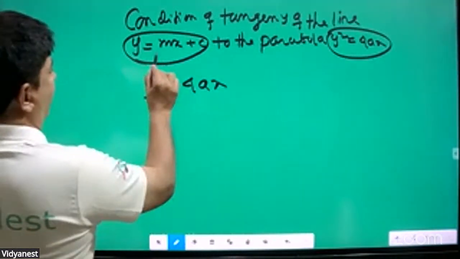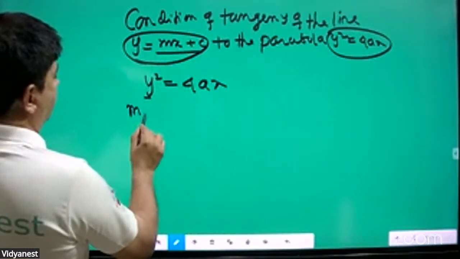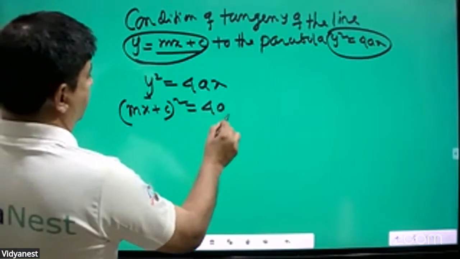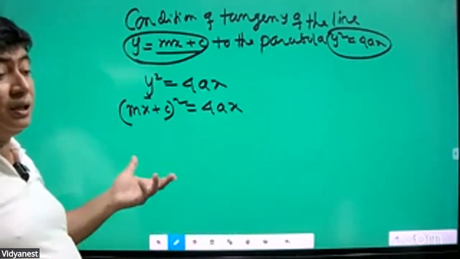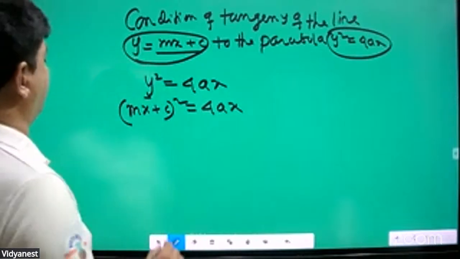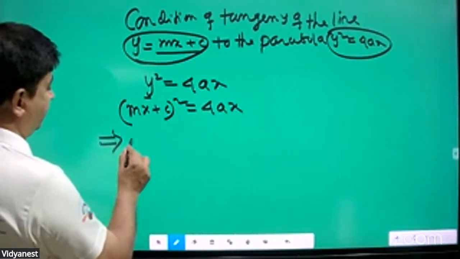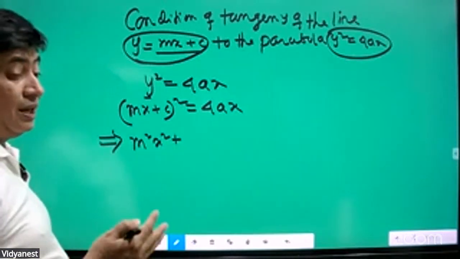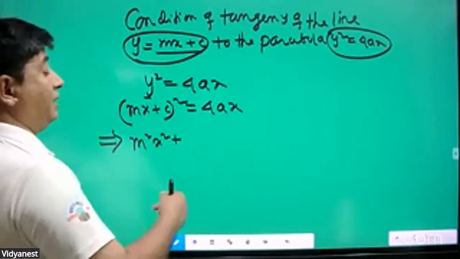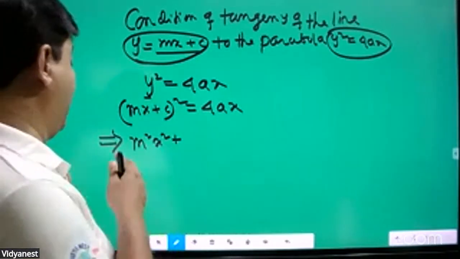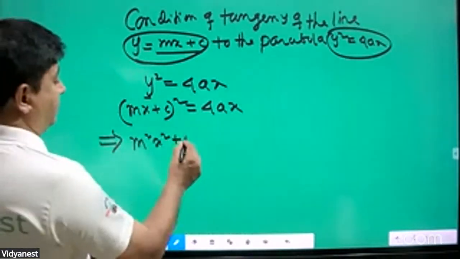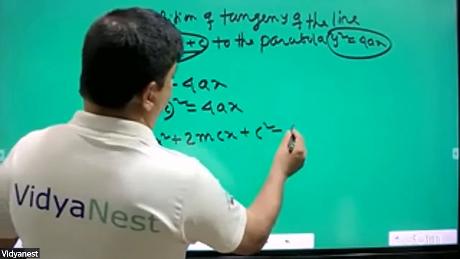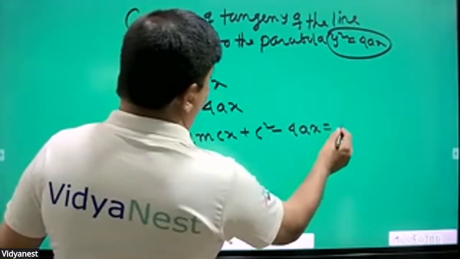In place of y, I will put mx plus c. So that will give you the remembrance of quadratic equation. m square x square plus c square minus 4x is equal to 0. If you follow the circles class even, we had gone through the same concept.